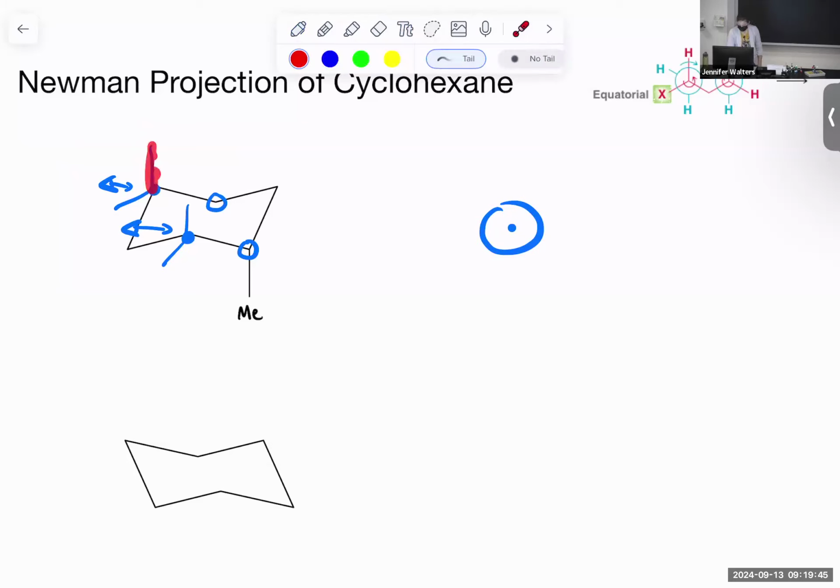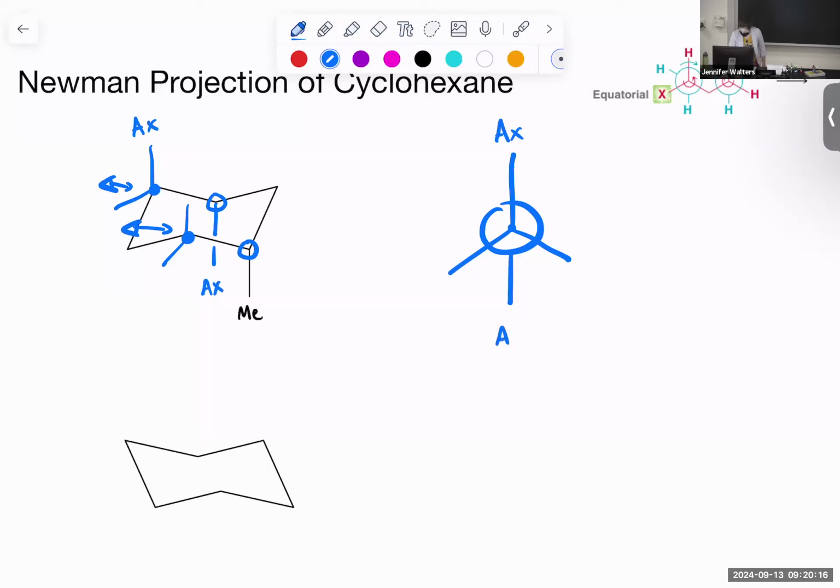I see that my axial is going straight up. So that up axial is going to be straight up on that front carbon. That is my axial position. And then I get my upside down Y. When I look at the circle on the back carbon, the axial position is straight down. So my line goes straight down.